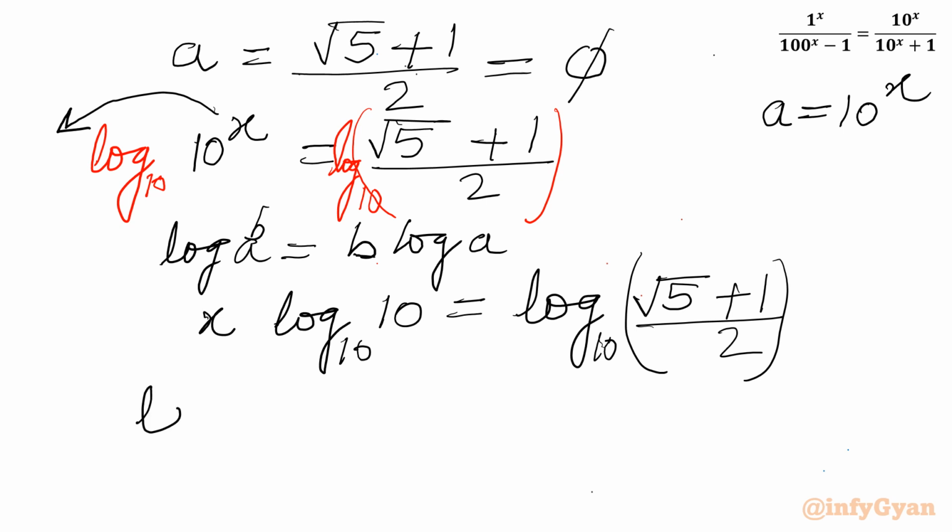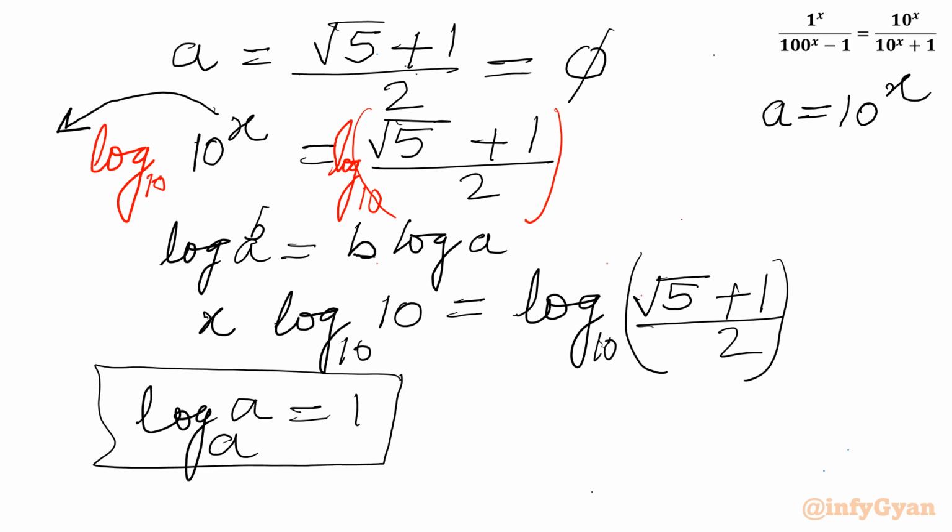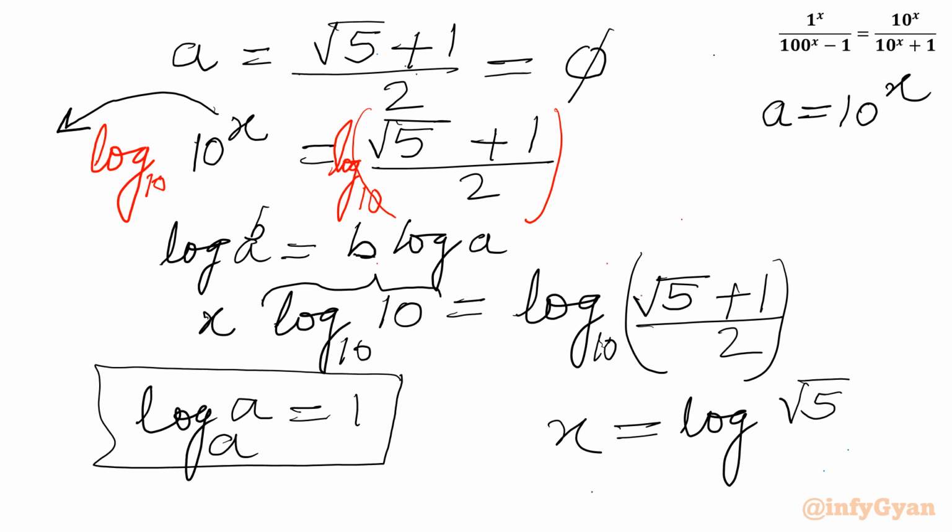Now we know that log a with base a is always 1. So I can write here 1. So x will become log of root 5 plus 1 over 2 with base 10. Let us solve using a log property.